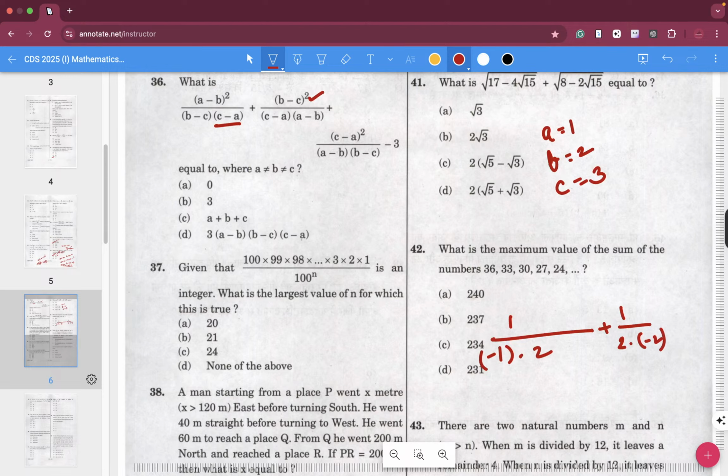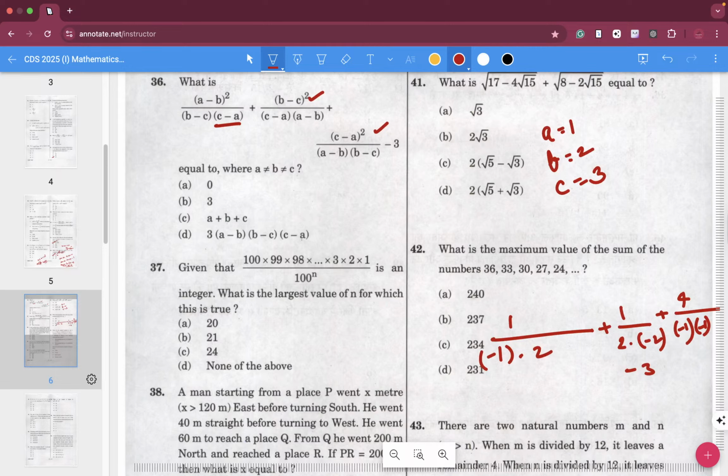Then (c minus a) whole square, that is (3 minus 1) whole square, is 4, divided by (a minus b) into (b minus c), which is minus 1 into minus 1, and then minus 3.